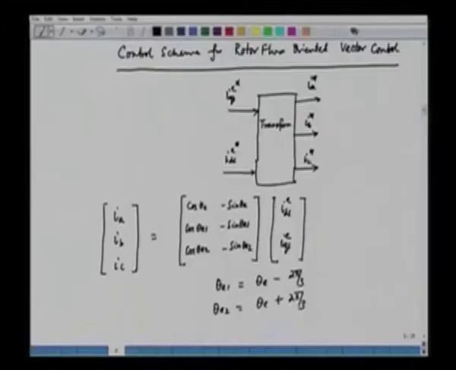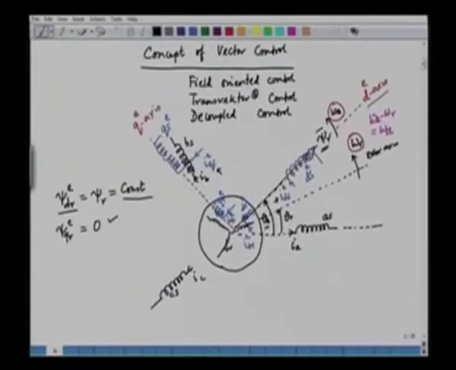And this transformation, as we are seeing, will involve theta E. And what is this theta E? Theta E is the angle of the rotor flux vector. If we see, as we have already drawn here, this angle is theta E. Now, as you have already seen that we need theta E for the transformation from IDS, IQS to IA, IB, IC.